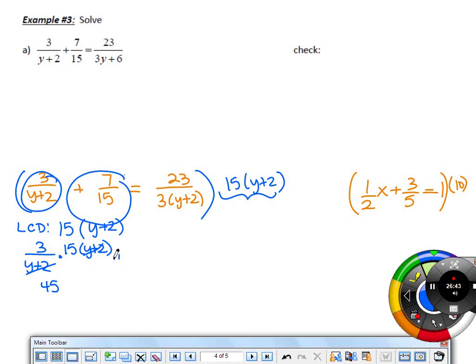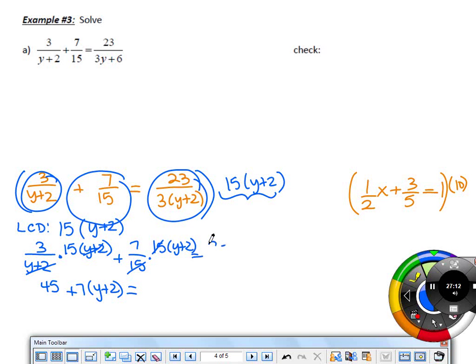So now 7 over 15 is going to get multiplied by 15 times y plus 2. So here, the 15s are going to cancel, and I'm going to be left with 7 times y plus 2. You can distribute it now or later, okay? Then it's going to go to the other side of the equation and multiply this fraction. Okay?